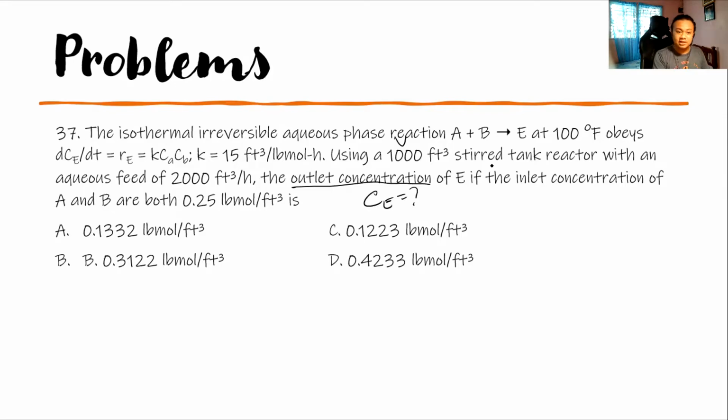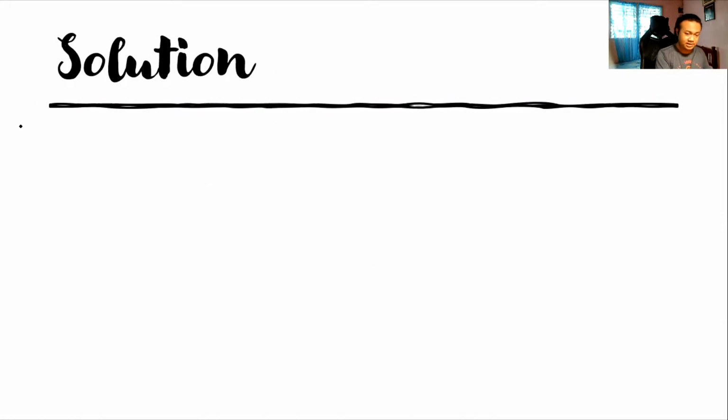If the inlet concentration of A and B are both 0.25 pound mole per cubic feet, so yan, CE yung pinapahanap sa atin. So we have to list the givens first. Let's go to the next page, next slide.